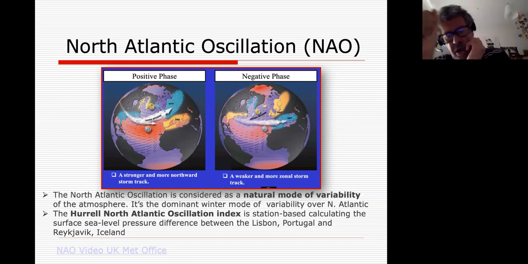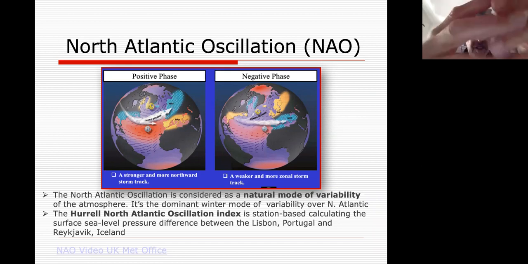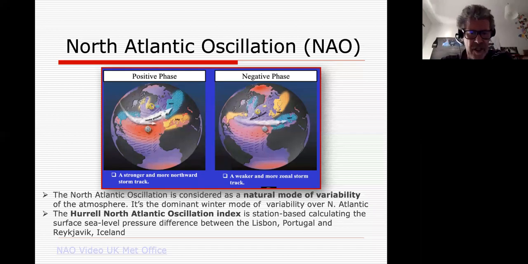So there is strong correlation between this pressure gradient and the weather condition in this vast area of the northern hemisphere. The NAO index is named after Hurrell, who proposed the calculation of this index based on the weather station measurements in Lisbon and in a station near Reykjavik in Iceland.